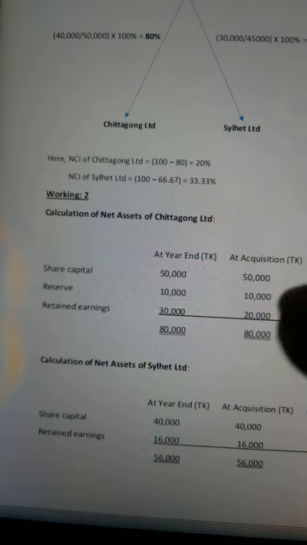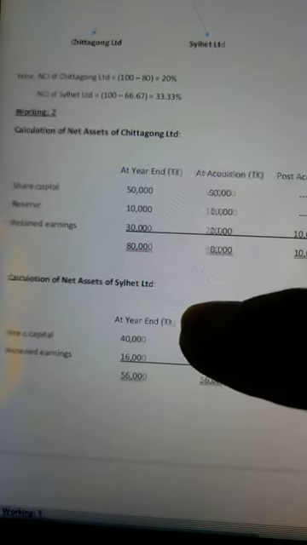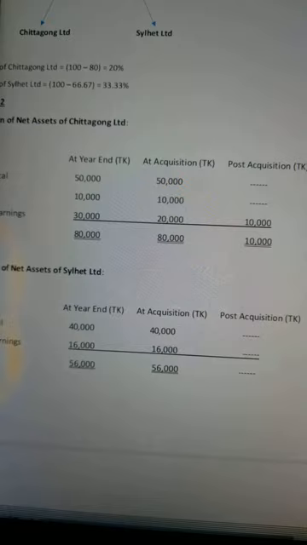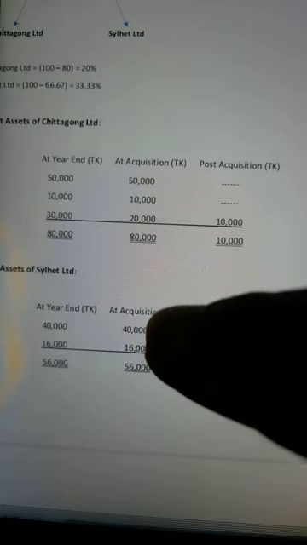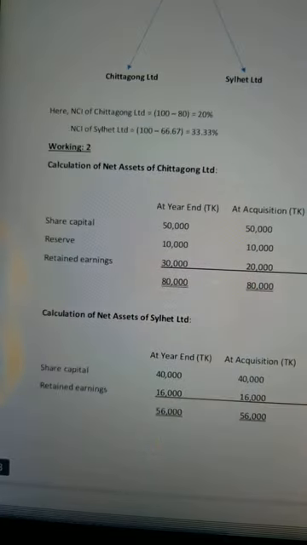In working 2, at first we have to write three things: at year end Taka, at acquisition Taka, and then post acquisition. At the very beginning we have to find out the share capital of Chittagong Limited.